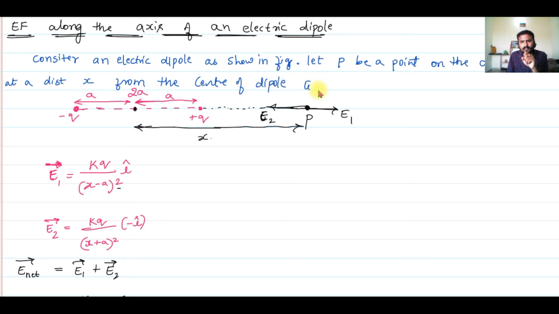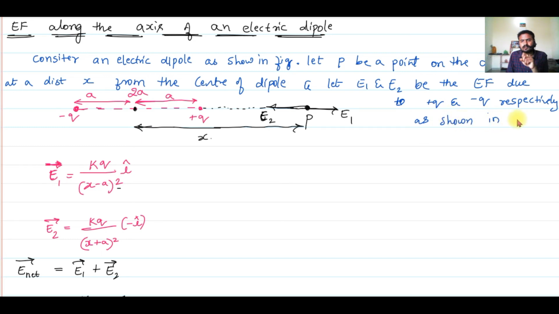And let E1 and E2 be the electrical fields due to plus q and minus q respectively, as shown in the figure.